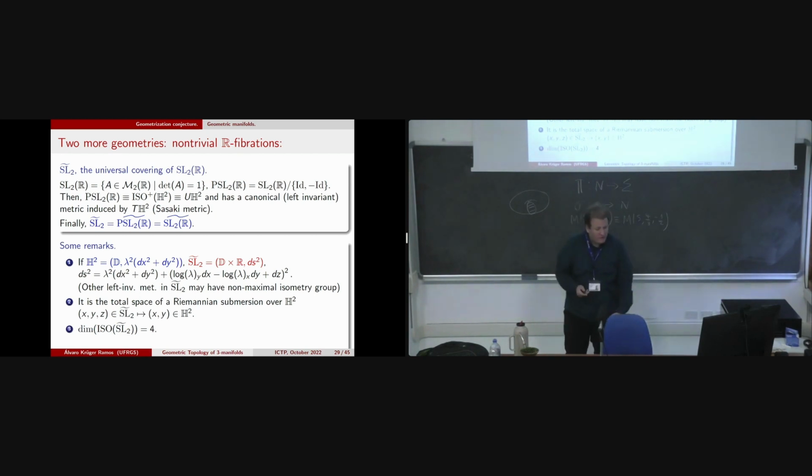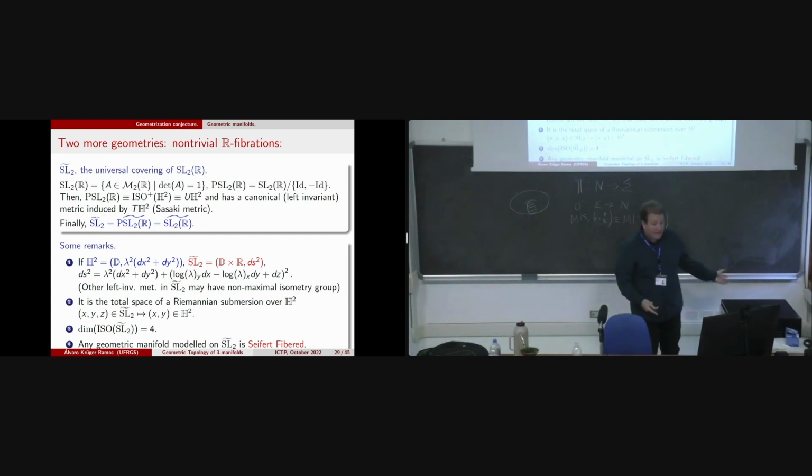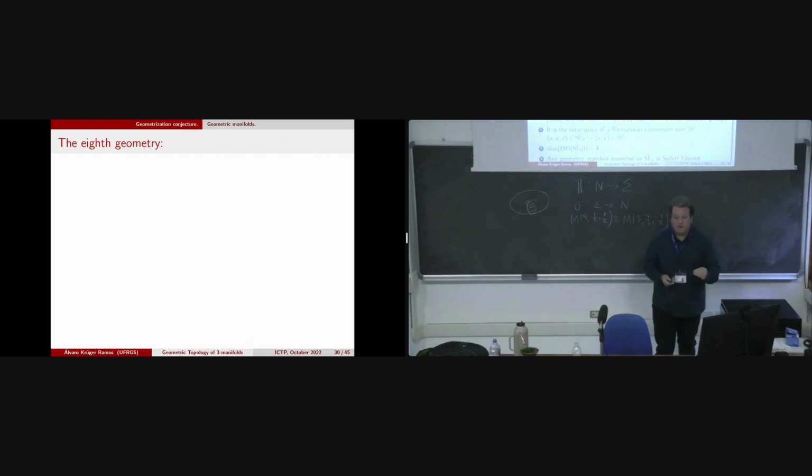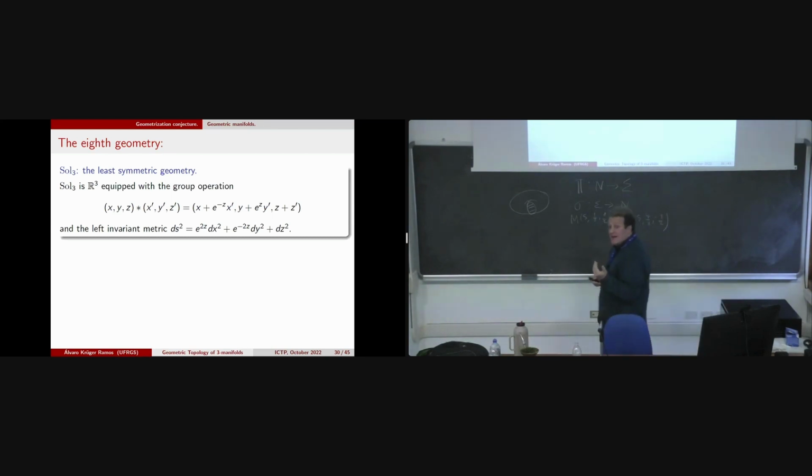The dimension of the isometry group of this space is also equal to 4. And any geometric manifold modeled on this geometry is going to be Seifert fibered as well. Okay, and now the 8th geometry is Sol, and it is the least symmetric geometry. So Sol is a Lie group equipped with this group operation and that metric. Again, not every left invariant metric on Sol will make it a model geometry. There are metrics which are more symmetric than others.